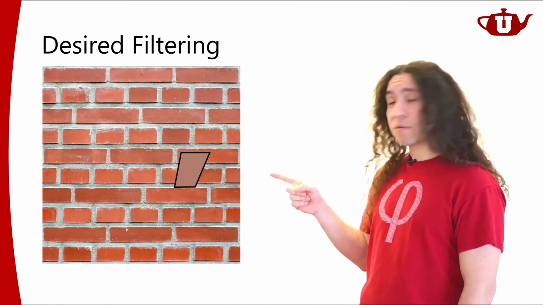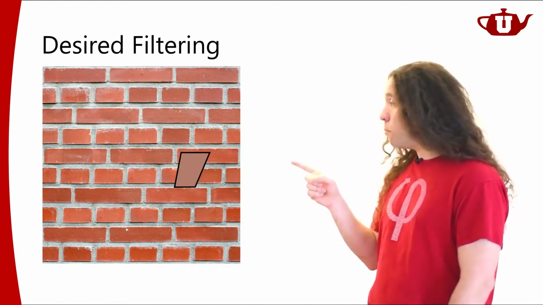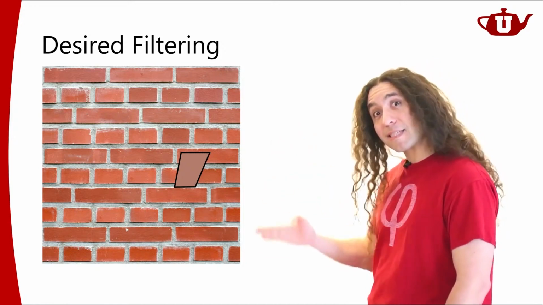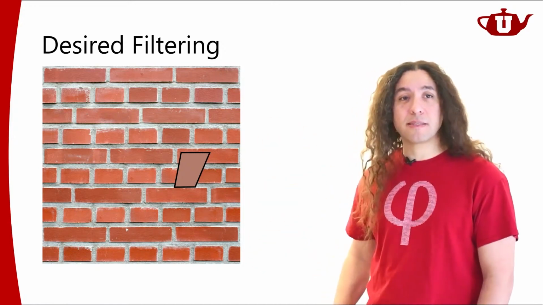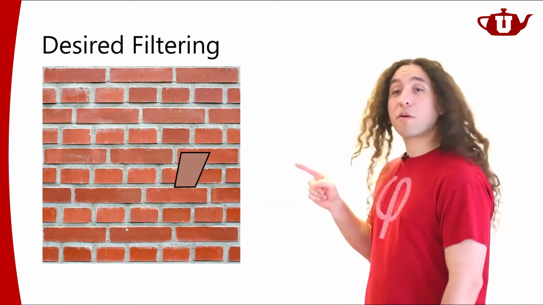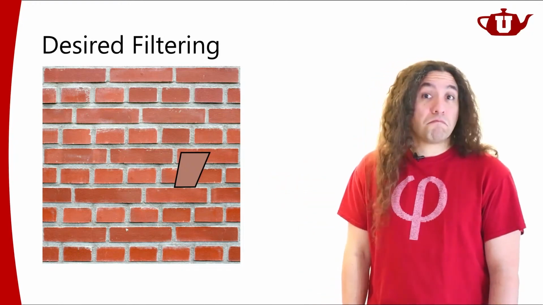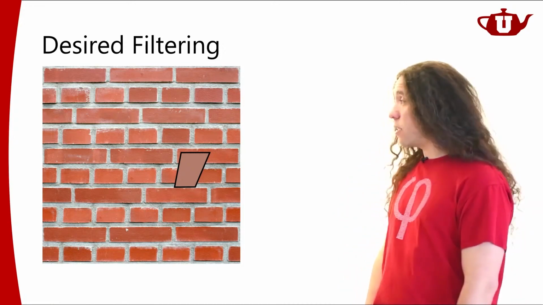It's not going to be cheap, because let me ask you, how many texels of my texture do you think correspond to this one pixel? It kind of depends on how far the object is, right?